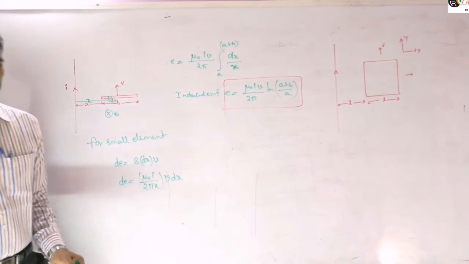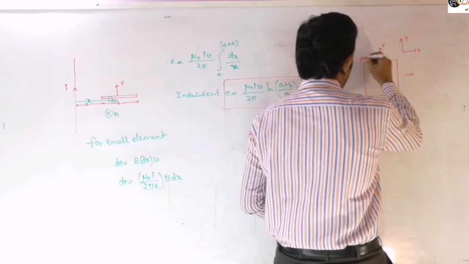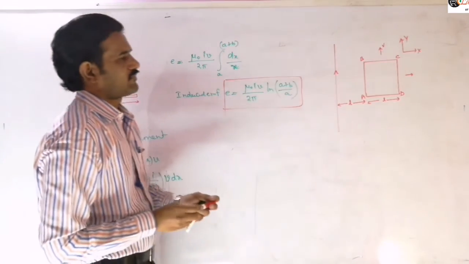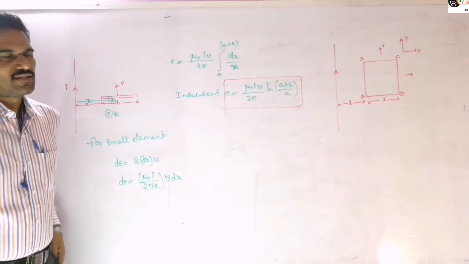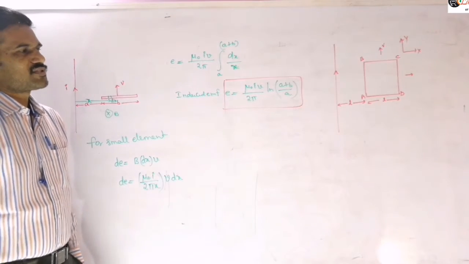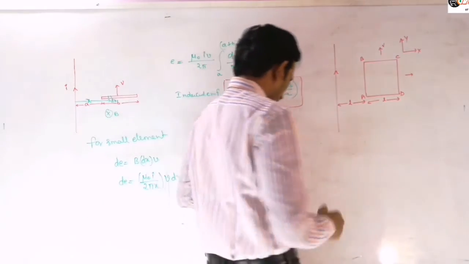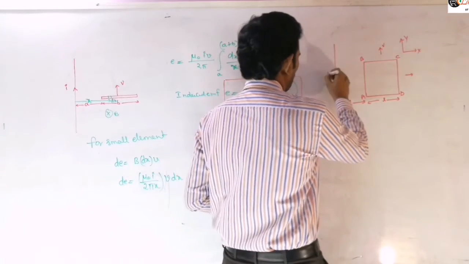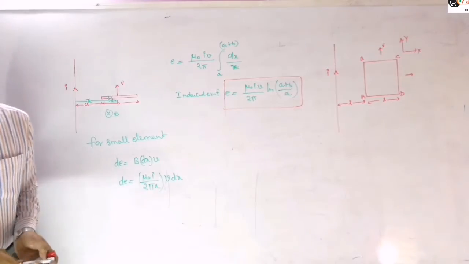A square loop ABCD of side L is placed near a long current carrying conductor, as shown in the figure.